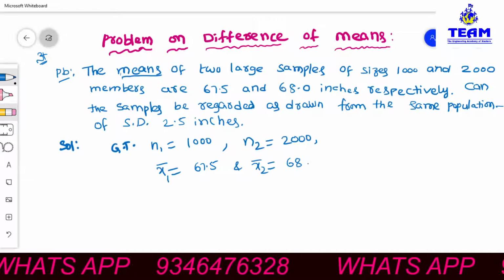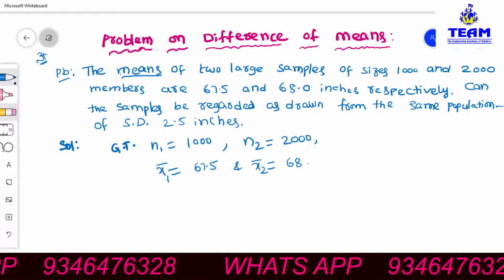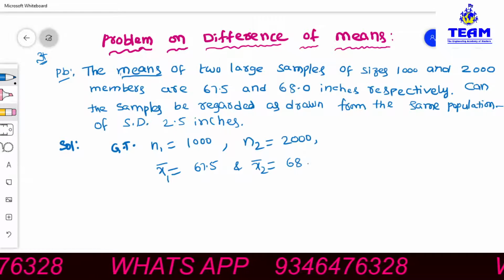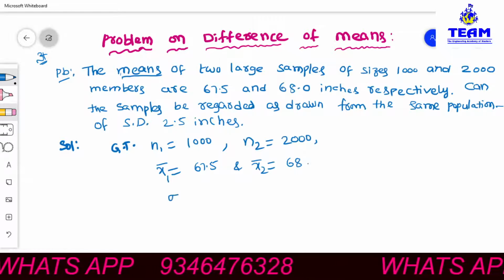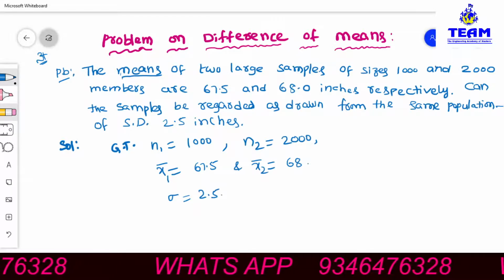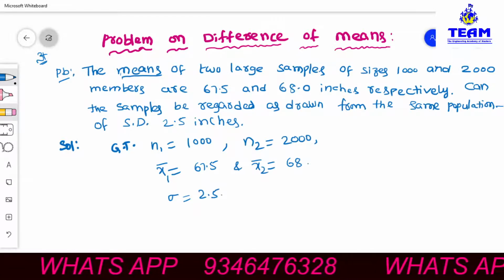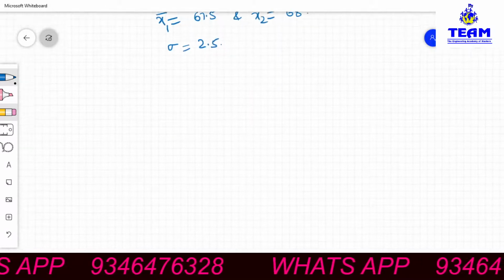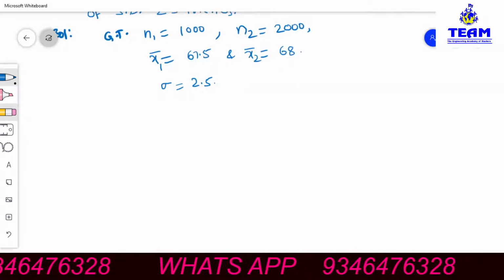Also, the given standard deviation is 2.5 inches. This is the given information.